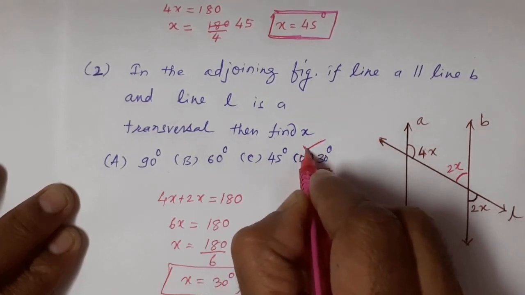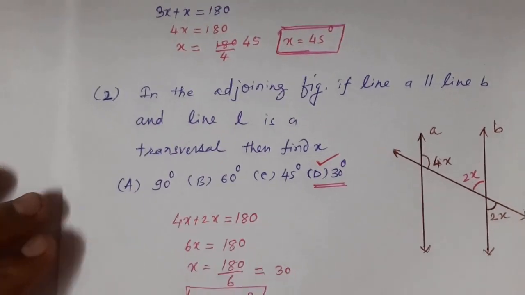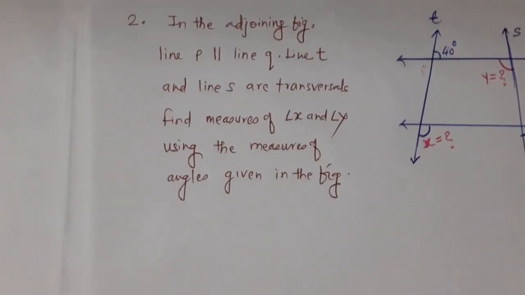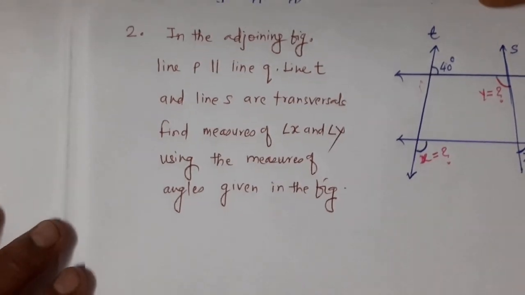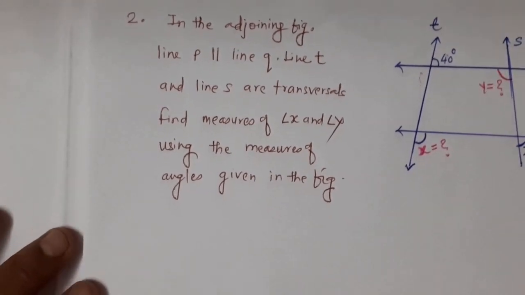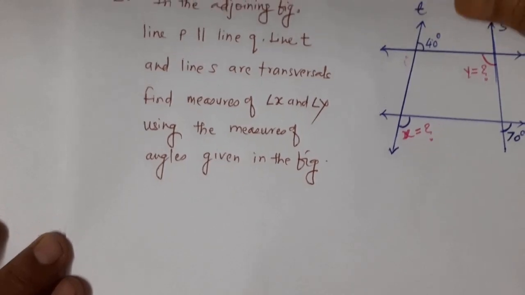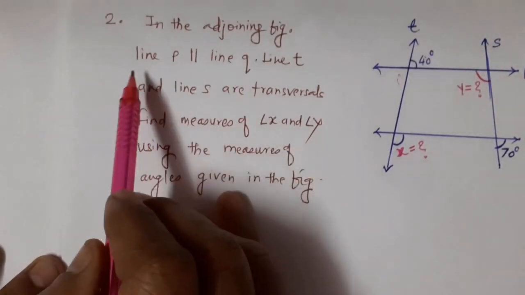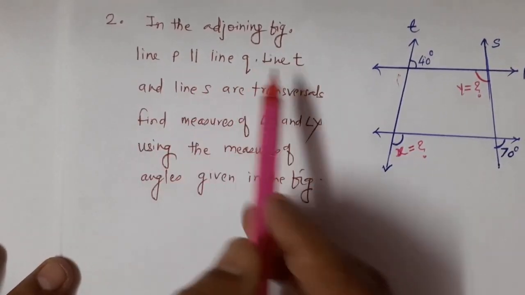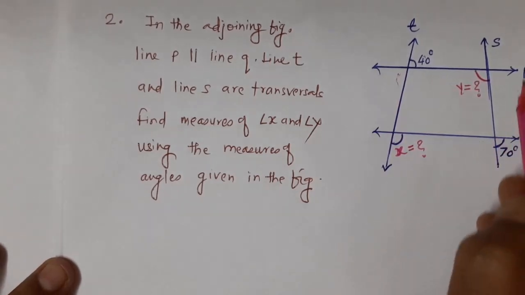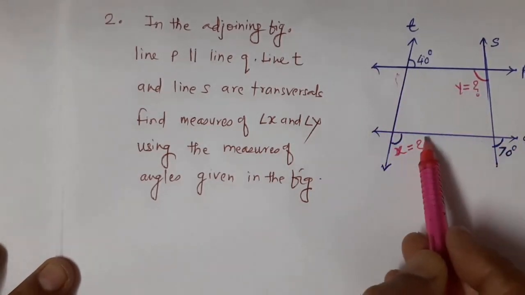Correct. Then the next example we have to solve. In the adjoining figure, line p is parallel to line q.